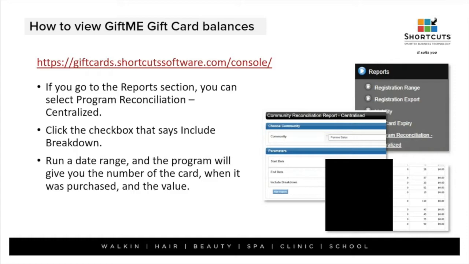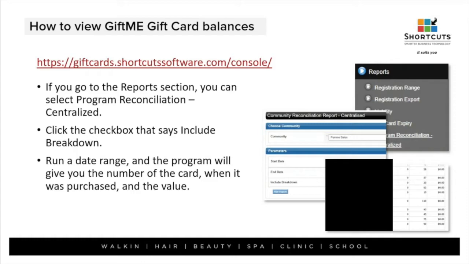So if you're on the GiftME console, you can go to the report section, and there is a report called Program Reconciliation Centralized. There's a checkbox at the bottom that says include breakdown. This is important because if you'd like to put this information in a spreadsheet or on Excel, you'll want to have a breakdown of the number of the card, the date it was purchased, the date it was redeemed, what the balance is, etc. So you'll even be able to set a date range.